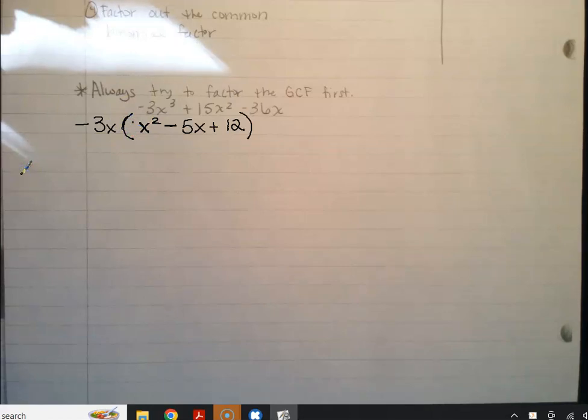Perfect. When we have an a equal to 1, there's nothing in front of the x squared, all we have to worry about are the factors of the positive 12.